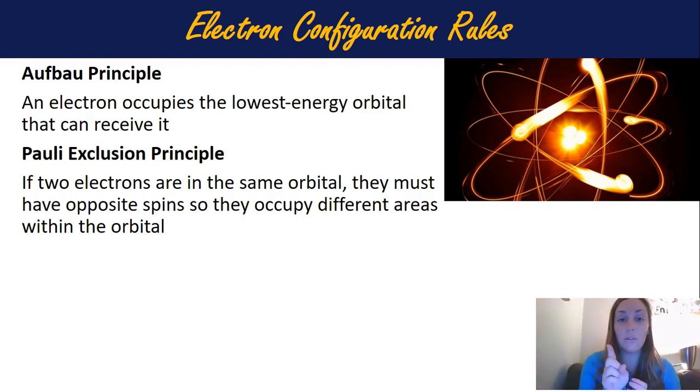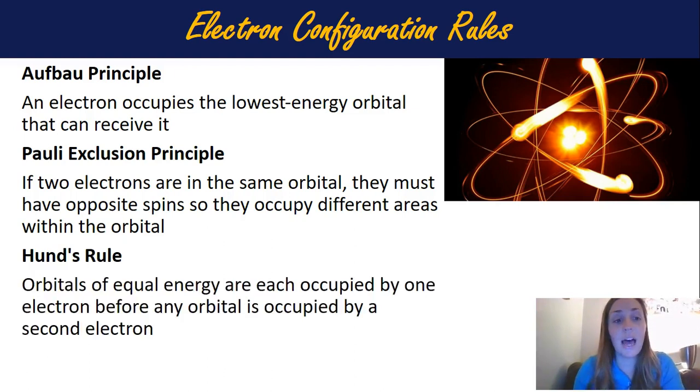If you're driving north and someone else is driving south, if you stay in your lanes, you'll never hit each other. So think of each orbital as having two lanes, a north lane and a south lane, so that the electrons don't bump into each other. You can't have like charges hit each other, they're repelled. So they have different spins, and they're actually occupying different space within each subshell or orbital.